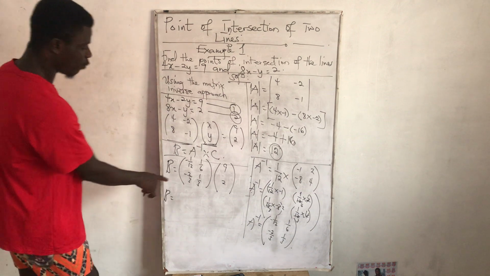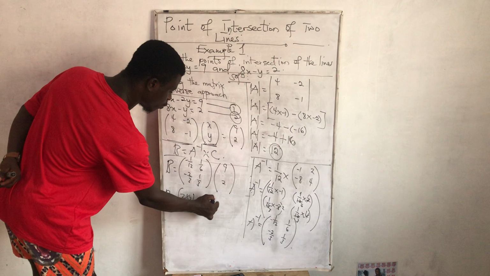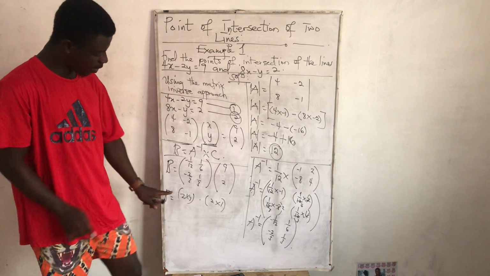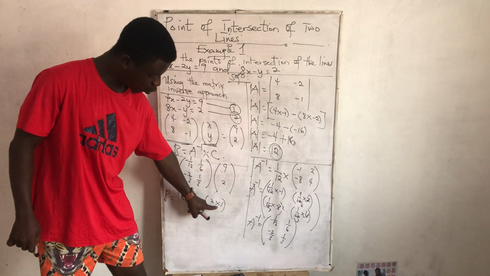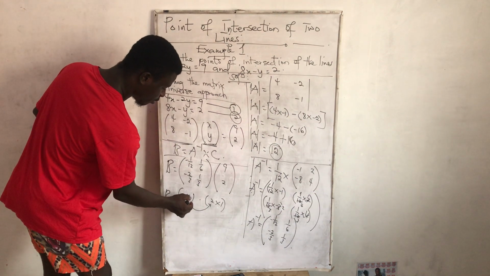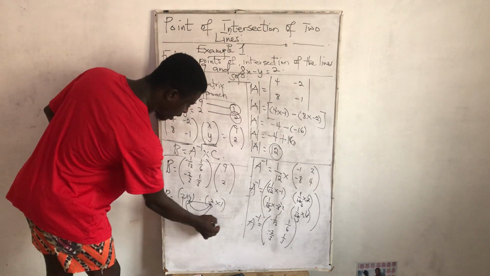So now we have what? A 2 by 2 matrix multiplying a 2 by 1 matrix. Now, watch here. If you have a 2 by 2 matrix multiplying a 2 by 1 matrix, their inside elements are the same. Then what will be our result?